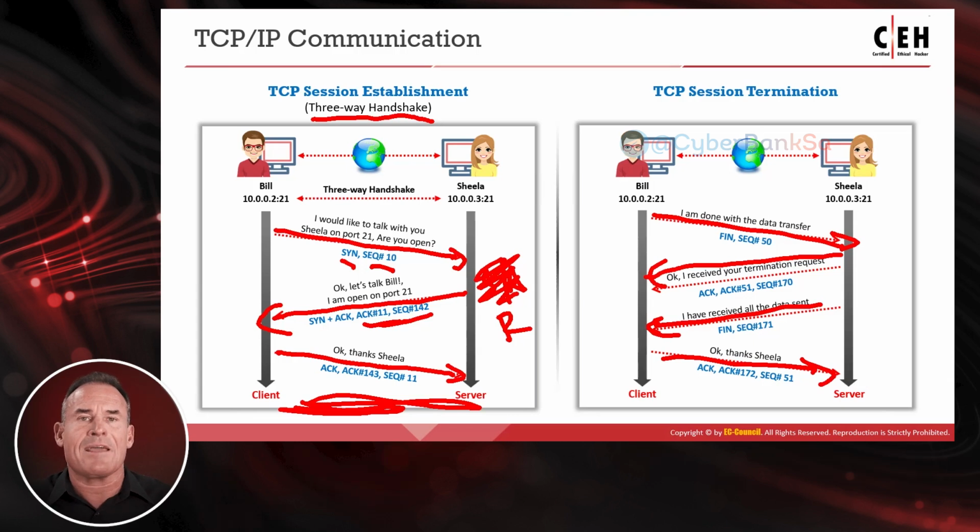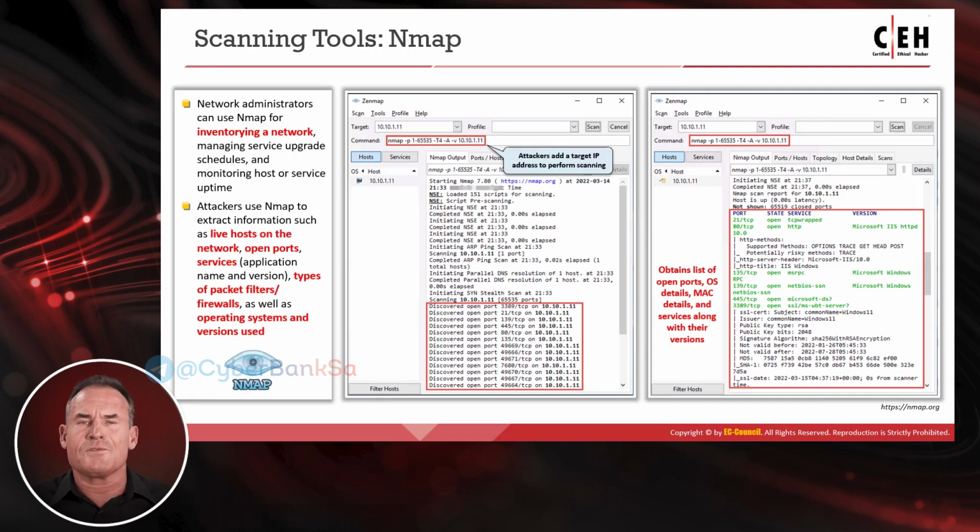So think of it like having a phone conversation: ring, ring, hello, hello, let's talk. Then I terminate the connection by hanging up on you. That's an RST. But if I let you know, hey, I'm done talking now, I got to get off, that's a FIN dialogue. So at any time, one side or the other can send an RST, and that terminates the connection. All right, normal circumstances.